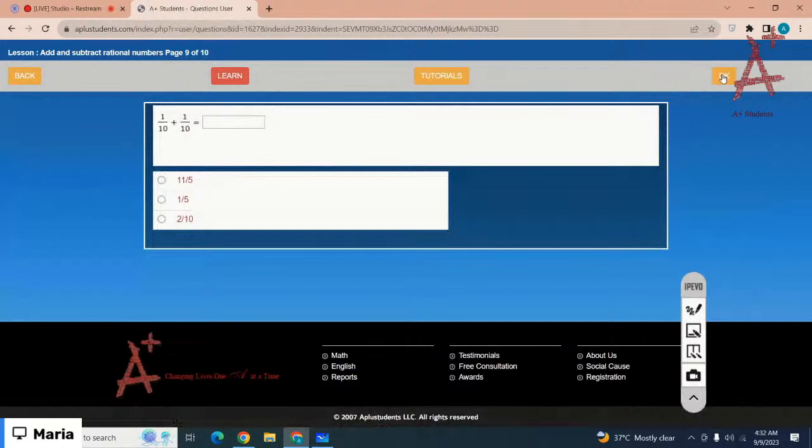Okay, 1 by 10 plus 1 by 10 equals... they have like denominators. You can simply add their numerators. So it would be 2 over 10.